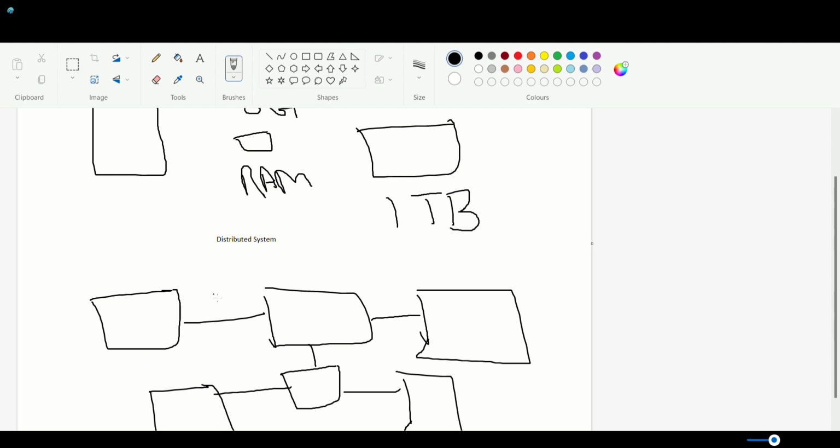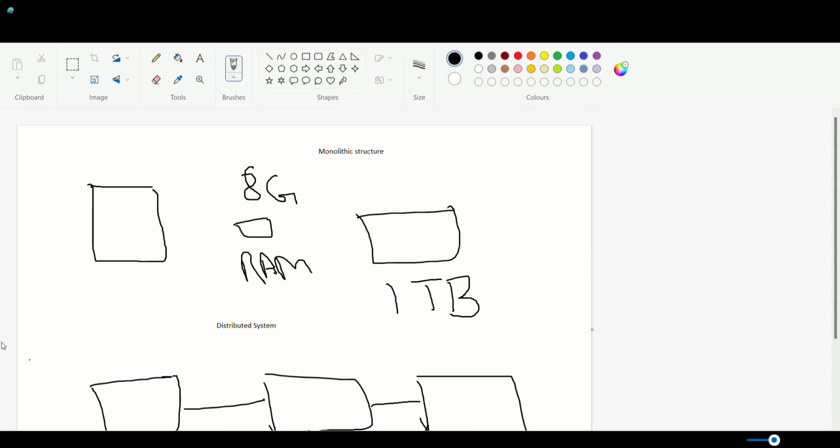Let's say 500 posts are happening per second on Facebook, but because we have multiple systems, we can store the data across them, and the processing speed is going to increase.